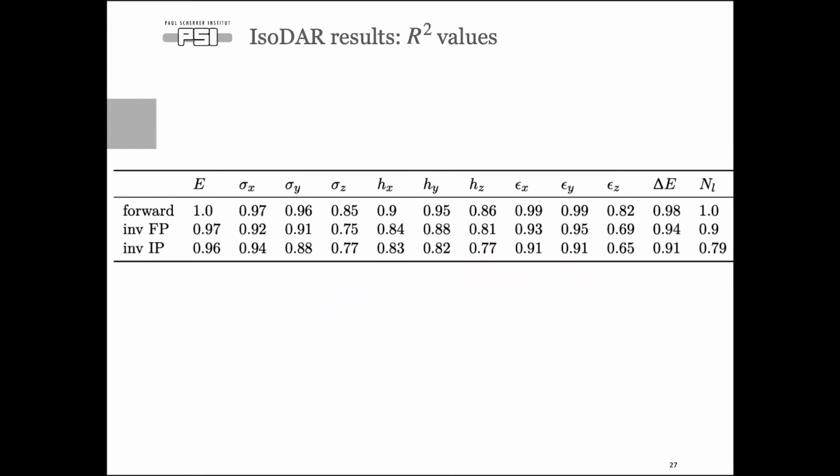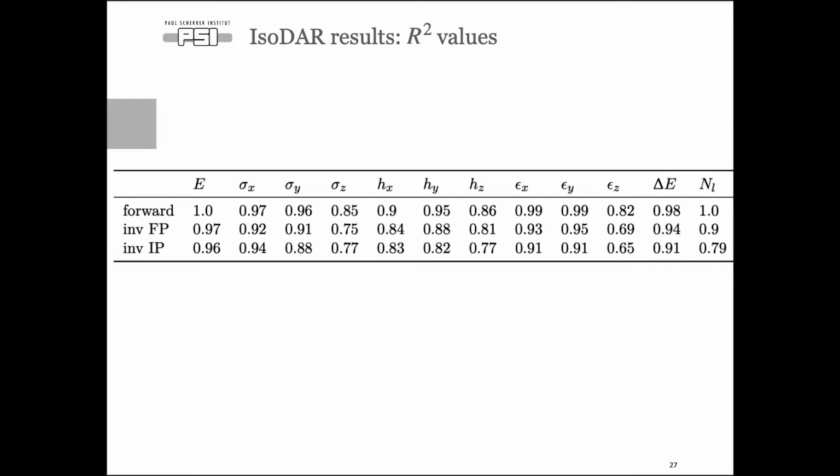Concerning the results, here are the R² values, so the coefficient of determination. In the first line, you see the result for the plain forward model, and except for the quantities in Z direction, all the other quantities have at least an R² value of 0.95, which is very good.